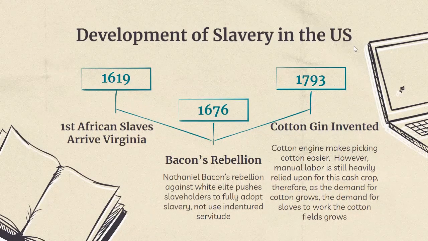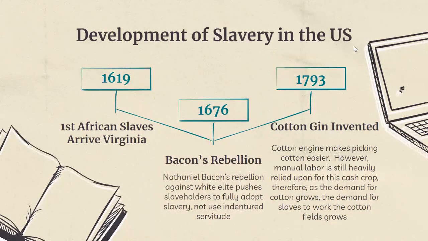However, the cotton gin is invented and makes picking cotton easier. However, it does not get rid of the labor that is required to pick cotton. So the cotton gin makes it more worthwhile to grow cotton, but it does not reduce the number of slaves that planters need.